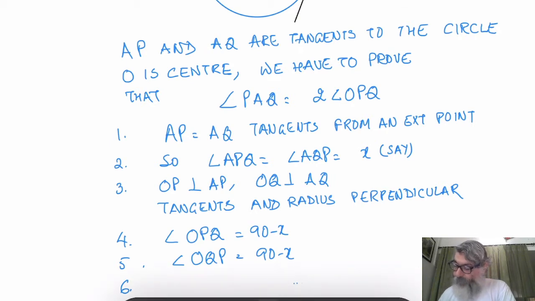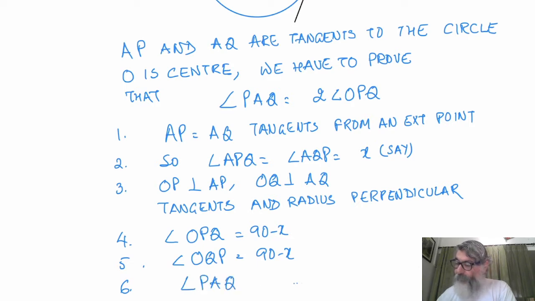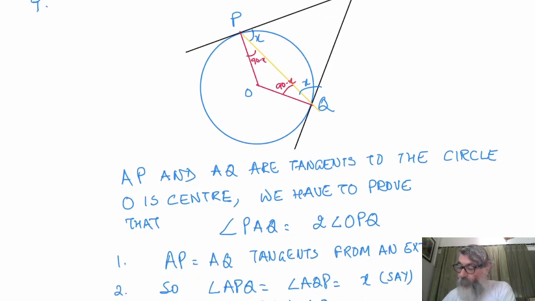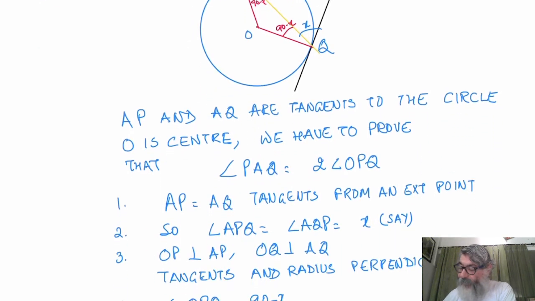Angle PAQ will be 180 minus 2x. Why? This is x, this is x, so the remaining angle PAQ will be 180 minus 2x. And OPQ is how much? 90 minus x.